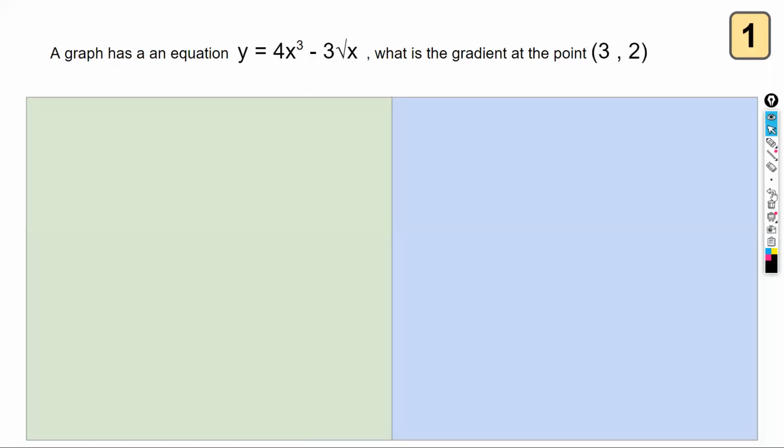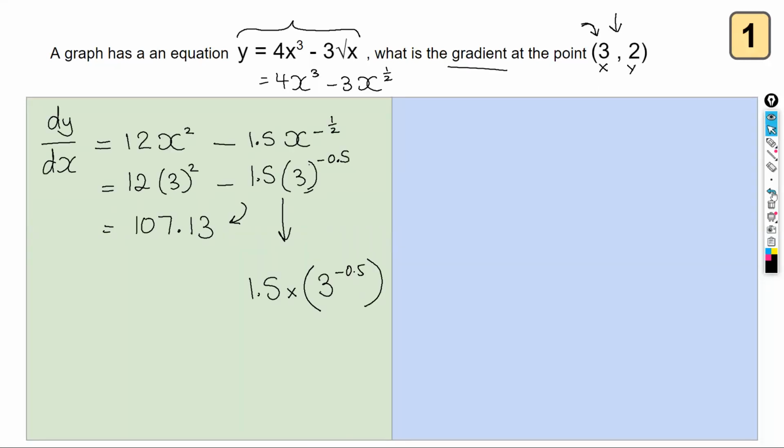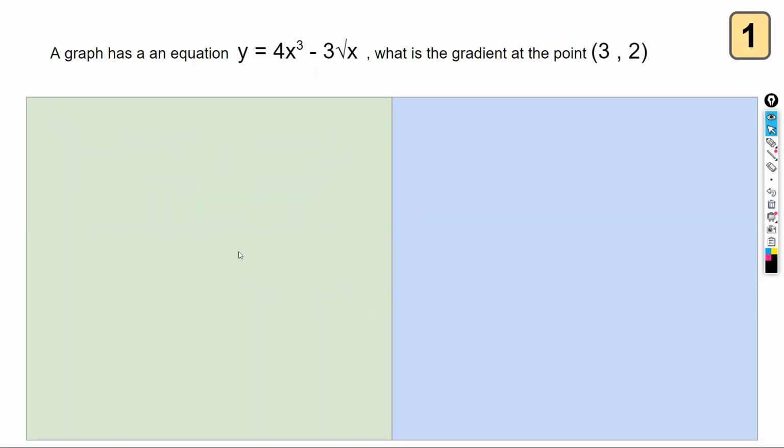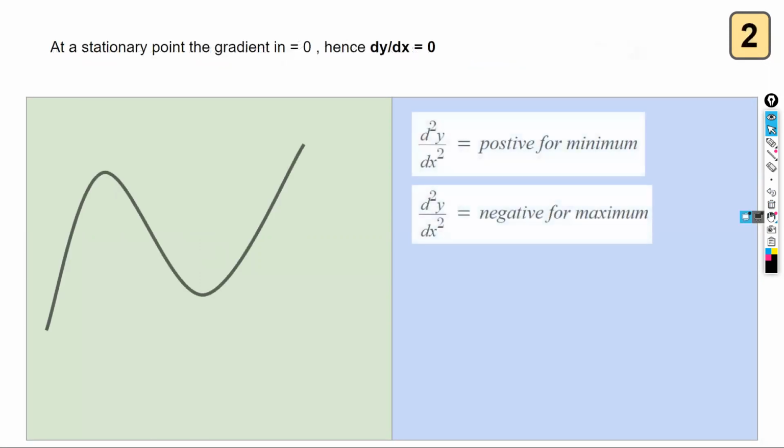Now, so far, I haven't explained what a stationary point is. You realize that, right? The main topic that we're focusing on now is stationary points. But I haven't actually told you what a stationary point is. Here we have a curve again, like a mountain going up, a mountain going down.